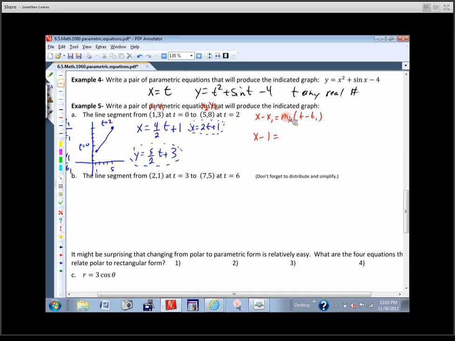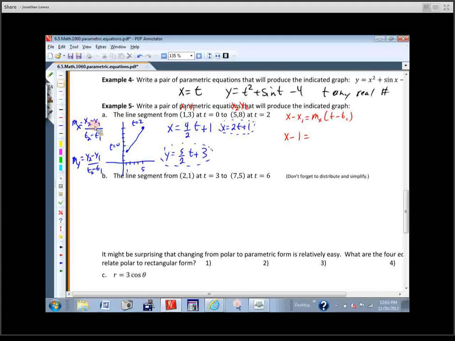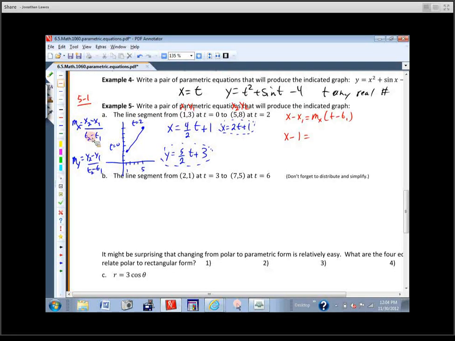Now I've got to figure out what the slope is for x. That's this guy right here. So it would be x2, 5, minus x1, 1, over t2 minus t1. What's the second time? 2. First time? 0. So look what I get here. I get 4 over 2, which is 2. And then t minus, what's the initial time? What's t1? 0.